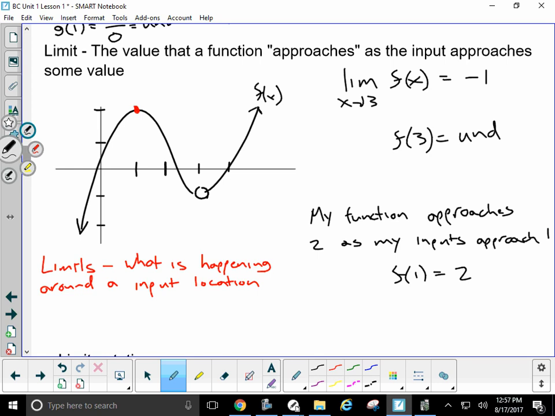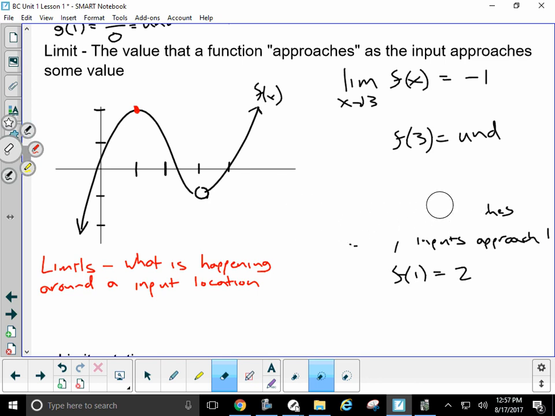Even though the function value does not exist, I'm not looking right at that location. It's almost like I'm excluding this location, excluding that circle. I'm just looking at my function values around, and I see my function values are approaching the y value of -1.